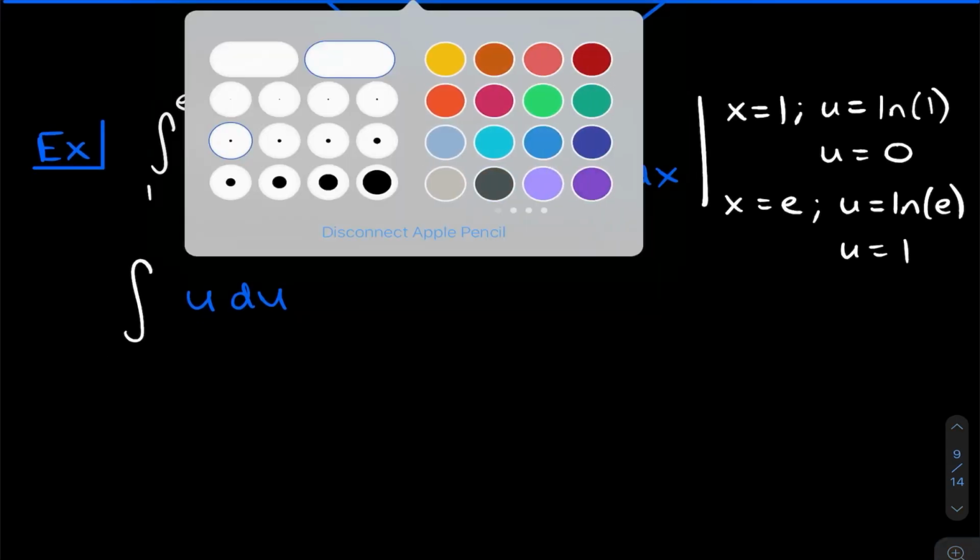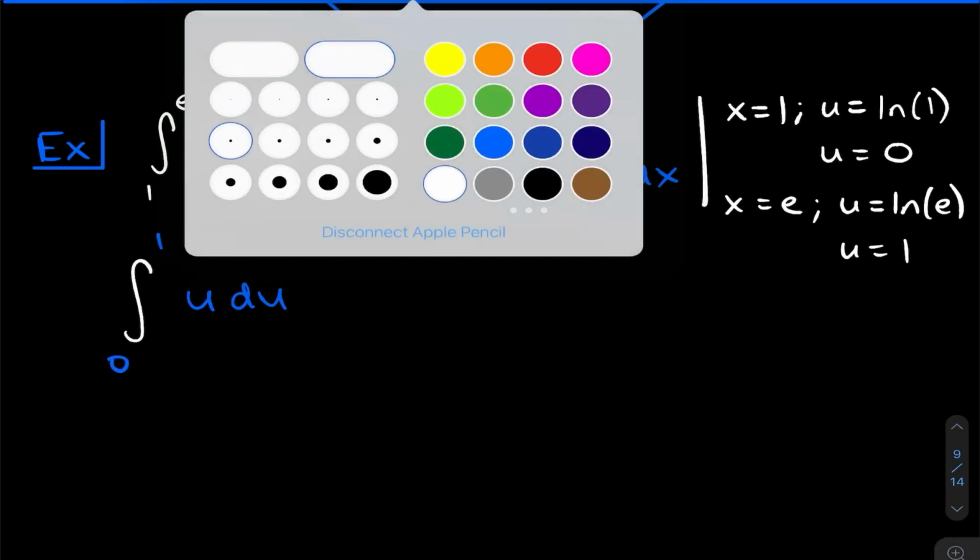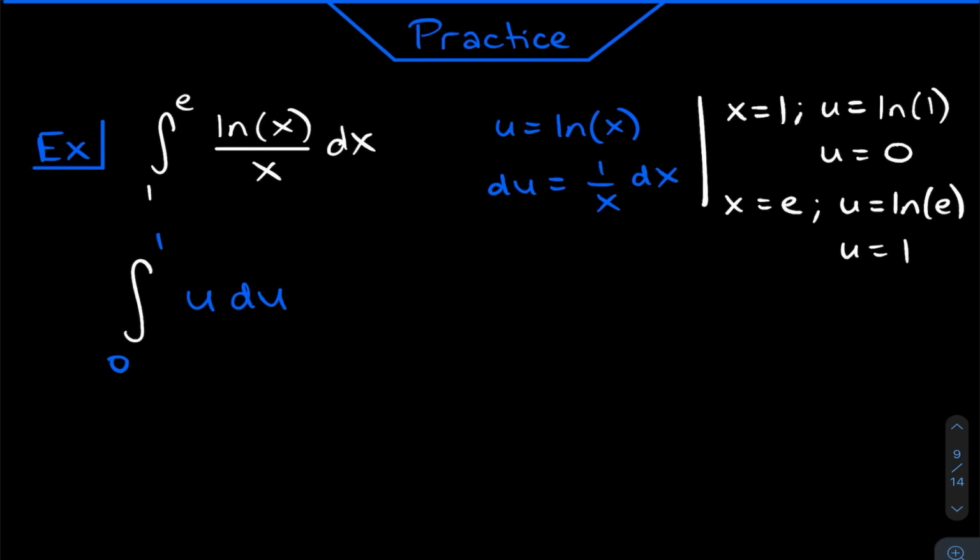So I'll also write that in blue. And now we just integrate here. If you take a reverse derivative of u, you're going to get 1/2 u squared. This is now evaluated from 0 to 1, meaning that we need to use the fundamental theorem of calculus part 2 on it.